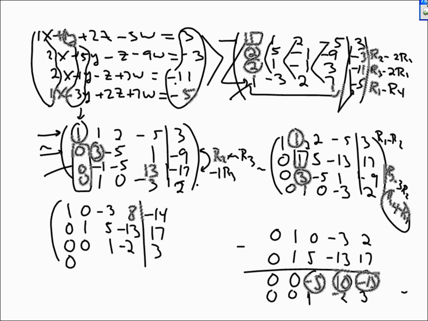I get 0, 0, 1, negative 2, 3. Okay. Column 2 has a leading entry, and everything else is 0. I go to row 3. Here's my leading entry. I want what's above and below to be the number 0.